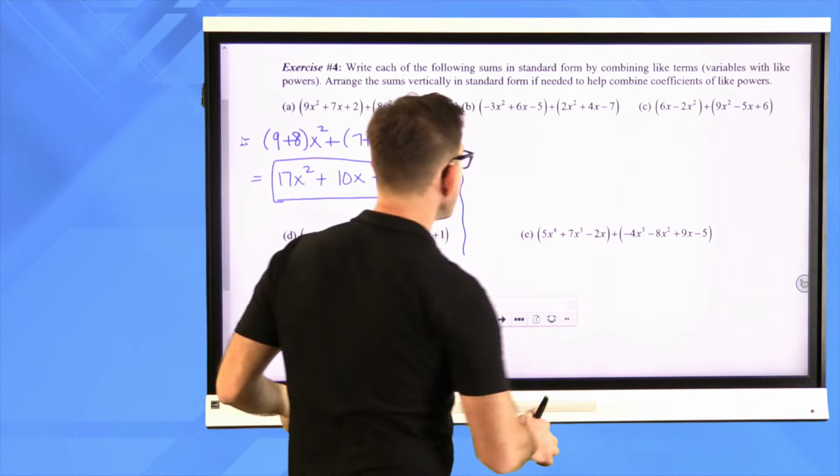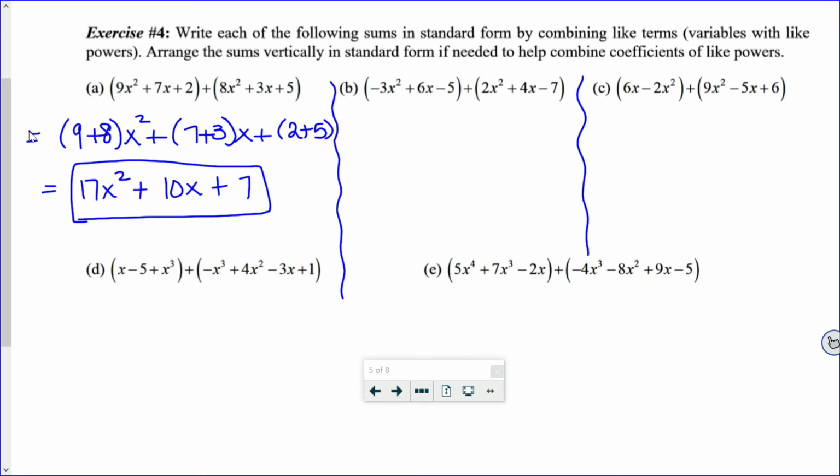But again, thinking about this the way that we just did, I could literally say, well, in terms of x squared, I've got that negative 3 and that positive 2. In terms of x to the first, I've got that 6 and that 4. And in terms of my constants, which I need to sneak in here, I've got that negative 5 and that negative 7.